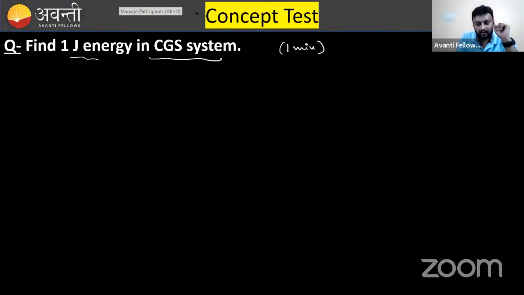Gandhinagar, Dahod, Ahmedabad, Bhavnagar, Osmanabad, Kolhapur, Rajkot, Satara. Yes, sir. You can do this. Very good. JNV Ahmedabad is very confident, and everyone should be very confident in this. I am giving you 1 minute. Try to solve it.